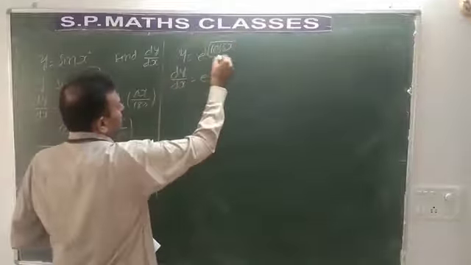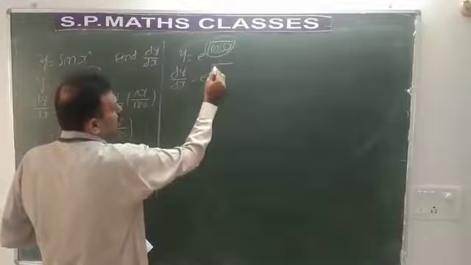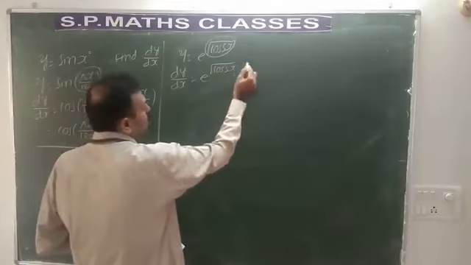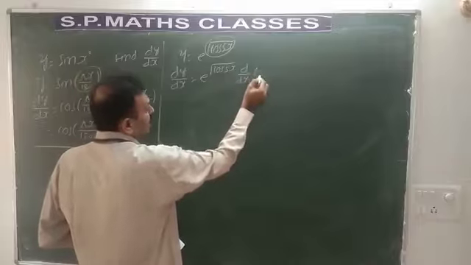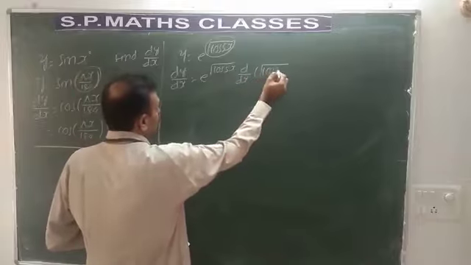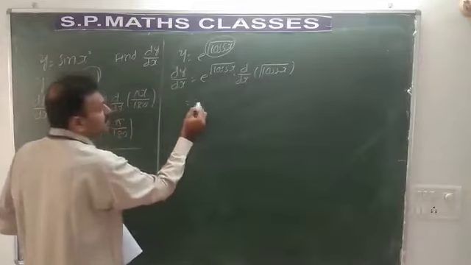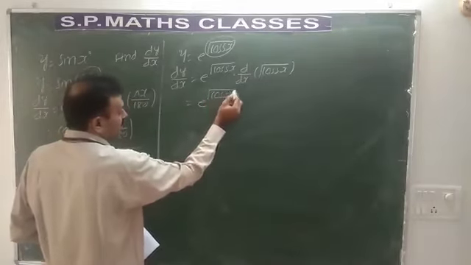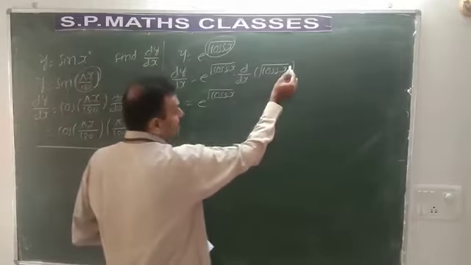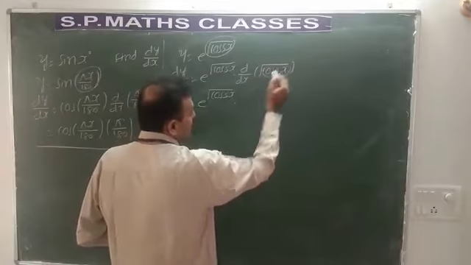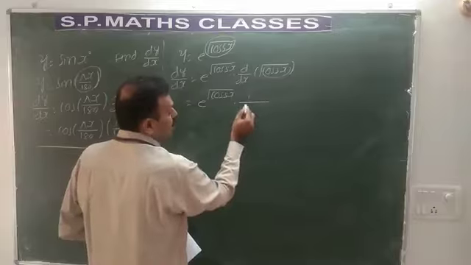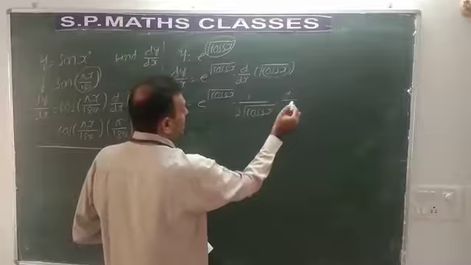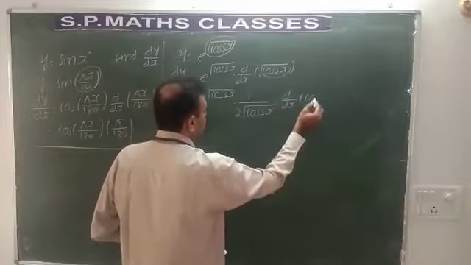E power x is e power x, so e power root cos 5x into derivative of what we have assumed, root cos 5x. E power root of cos 5x into derivative of this. You consider cos 5x as x, 1 by 2 root cos 5x into derivative of cos 5x.